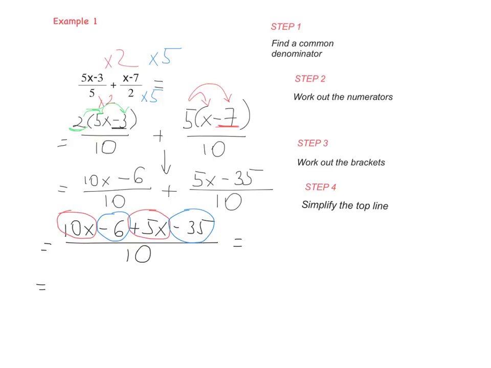So 10x plus 5x is 15x, minus 6 and minus 35 is minus 41, all over 10, okay? And this is the answer. So you need to follow the steps all the time. Find the common denominator, work out the top numbers, work out the brackets, and simplify the top line, okay?